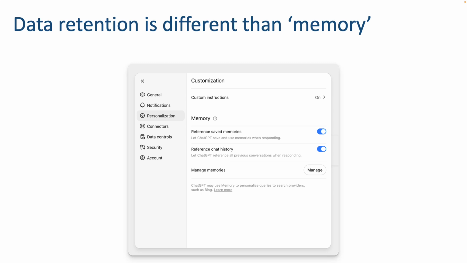Now, memory is a software engineer's approach to try to enable a better user experience. So if I go to ChatGPT and I ask something about it one day, and then I want to go back the next day, I might, as an end user, have an expectation that ChatGPT remembers that thing. So let's say I'm planning a vacation to Paris, France in the spring. I hear it's lovely in the spring.